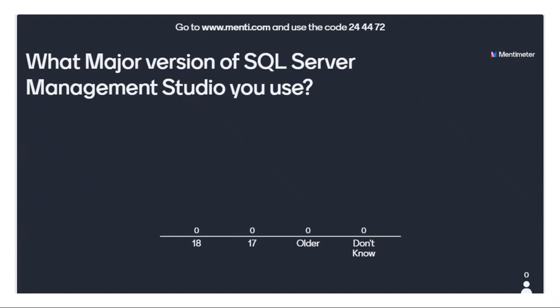Let's move on. Because we are all online and can't see each other, I want you to take your phone out and go to www.menti.com, then put in the code 244472 and answer the question I posed there. I'll share the result with all of you once you respond. You can do it on your browser or on your smartphone. You have 4 options to choose from.